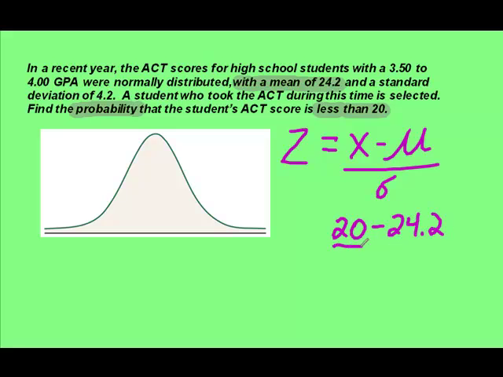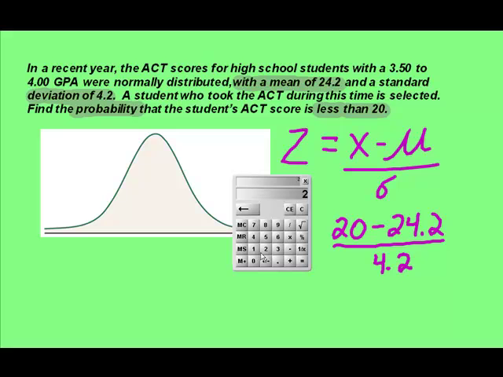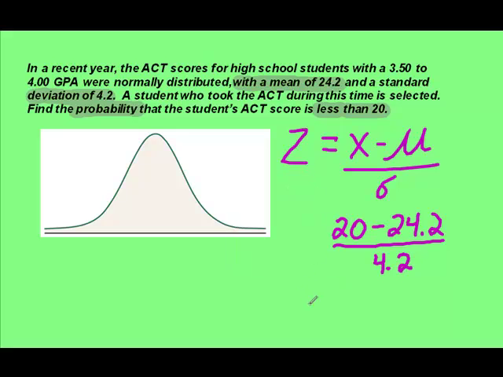What is our standard deviation? 4.2. I don't know about you, but I'm not doing this one in my head. It's calculator time! 20 minus 24.2, divided by 4.2, negative 1. I can do that. The z that I'm looking for is negative 1.